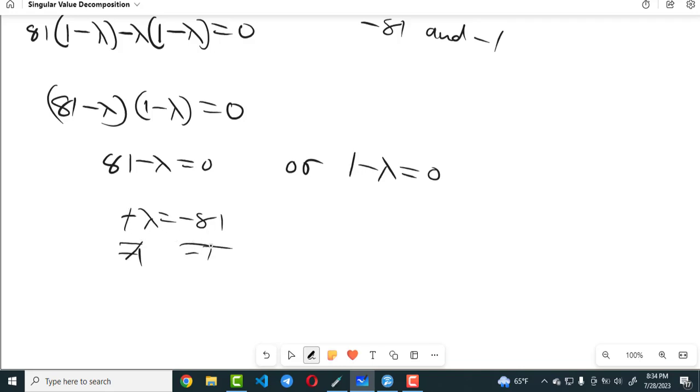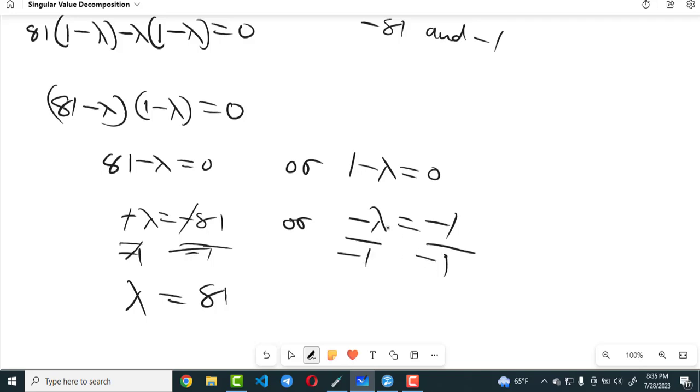We cancel this, and we cancel also this. Lambda becomes equal to 81. Or lambda here, our scalar, is equal to negative 1. We divide by negative 1 all over negative 1. We cancel this, we cancel this. Lambda is equal to 1.